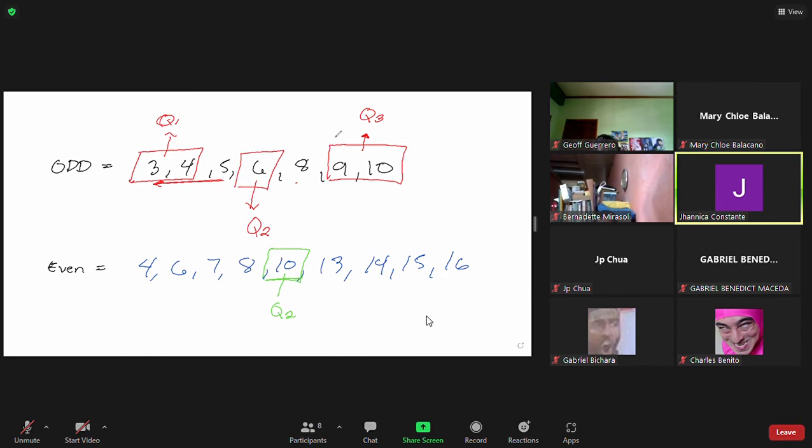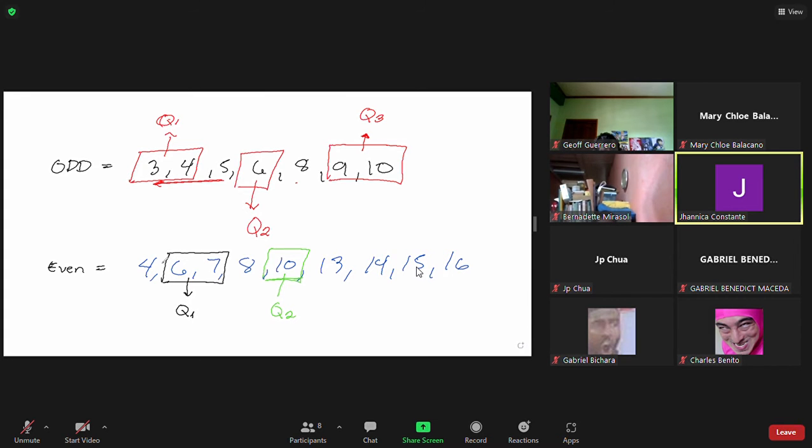To identify the quartile 1 and quartile 3, if the remaining data on the left side and on the right side of the middle number is even, get the middle number of the remaining data that you have. So 6 and 7. Get the second and the third, or the middle data. This is your quartile 1.